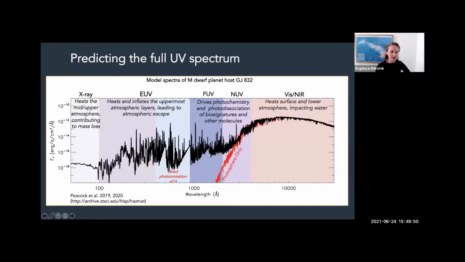So finding ways to predict this by using the observations is really the strategy moving forward, and one that we have adopted. And if you're interested in using these models, they are archived at MAST, at the Space Telescope, under this URL. So you can find what we've done up there. This work is led by Sarah Peacock, who's now at Goddard.